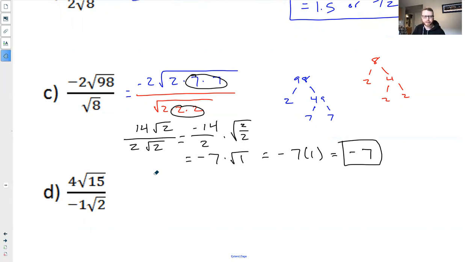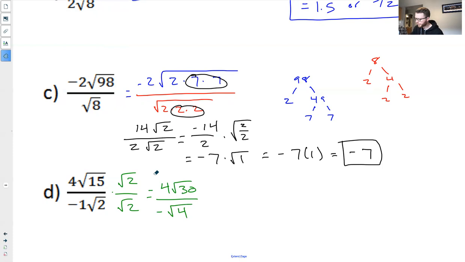So we need to rationalize the denominator here because 15 is pretty simplified already, and same with root 2. So let's go ahead and rationalize that denominator. Okay, so multiply by root 2, and that will give us 4 root 30 divided by negative root 4.